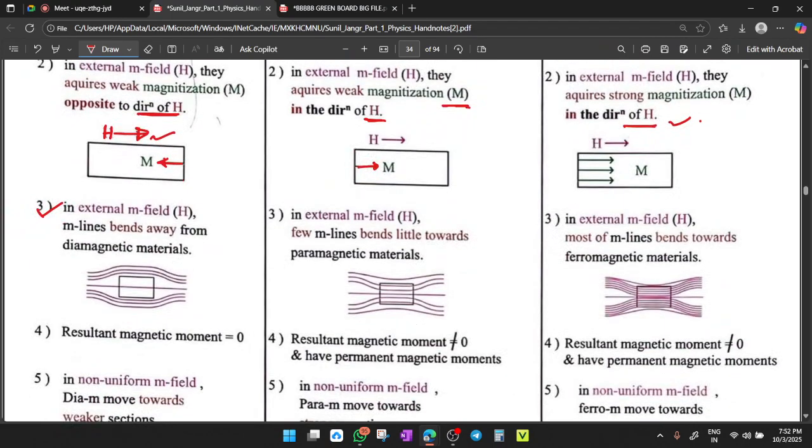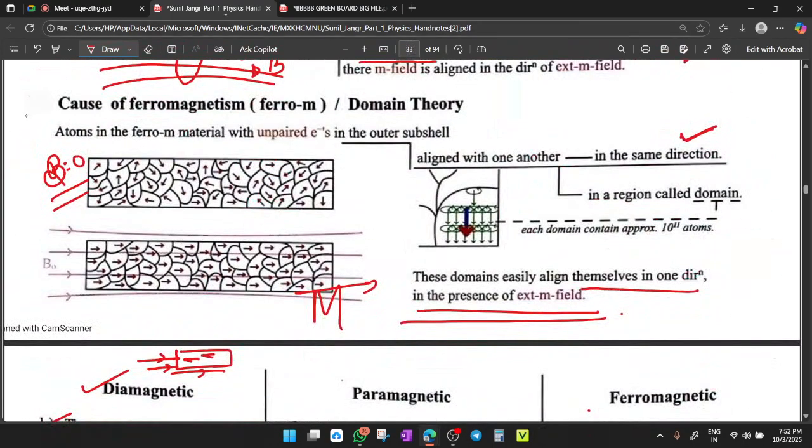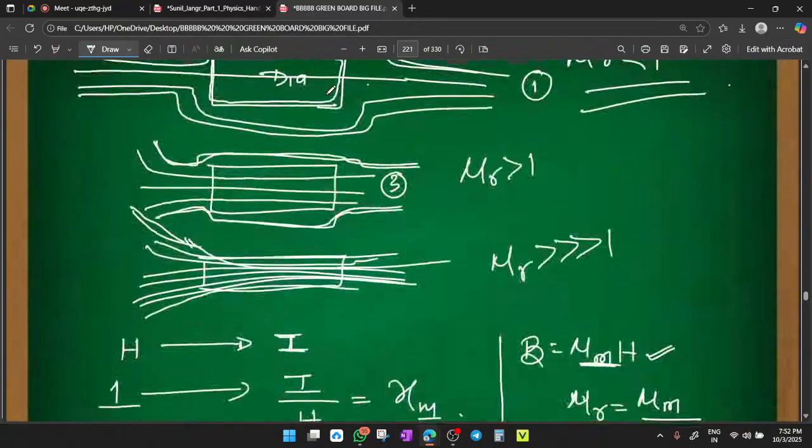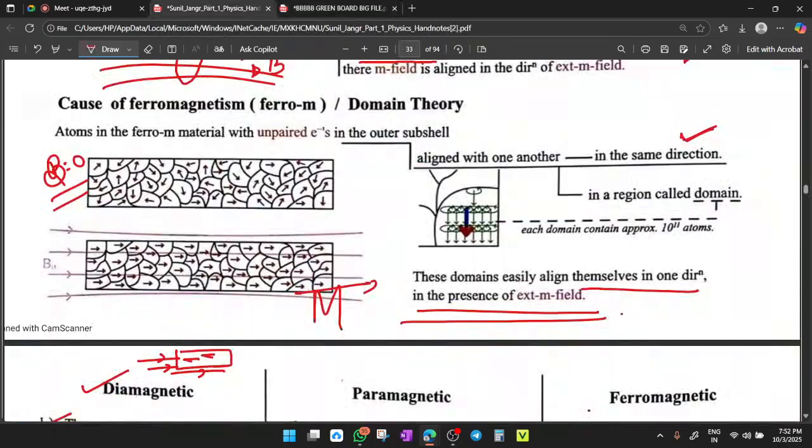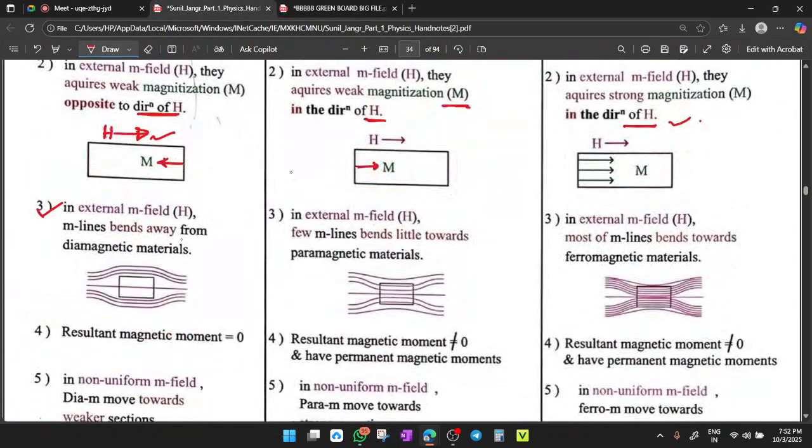We have talked about this before, in this one slide. In diamagnetic material, the lines of force bend away from the material. This material does not want to magnetize itself, because it is oppositely magnetized, so the lines of force cross over the material.